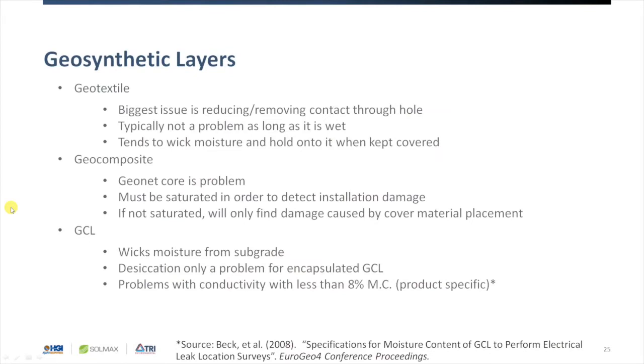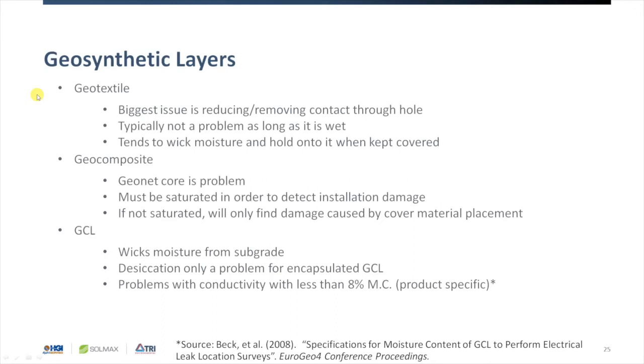Let's talk about the different types of geosynthetic layers that we might have in our lining cross-section. We have geotextiles, geocomposites, and GCLs. So starting with geotextiles, the biggest issue is really just reducing or removing the contact through a hole location. It's typically not a problem as long as the geotextile is wet because it tends to wick moisture and hold on to it when it's kept covered.